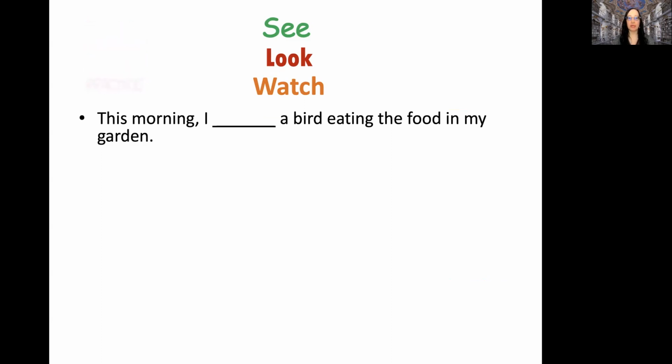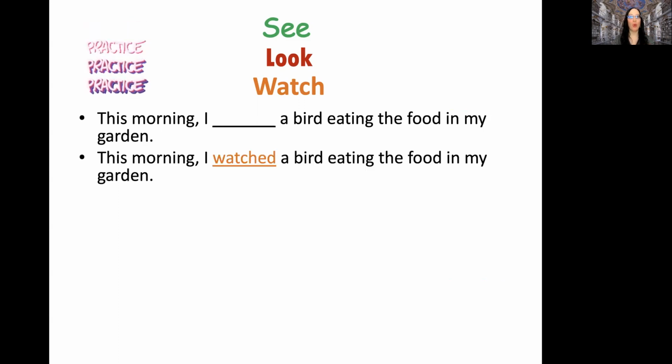Are we doing it because we have to direct ourselves, we have to use an action? Or are we doing this for a longer period of time? Okay, think of TV, think of movie. This morning, I watched a bird eating the food in my garden.